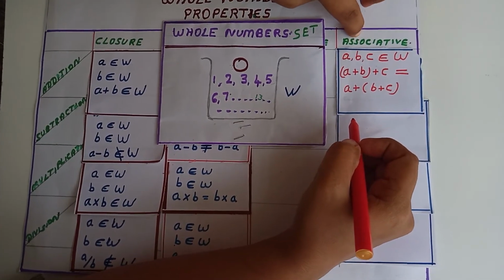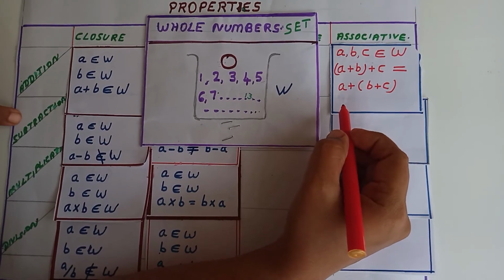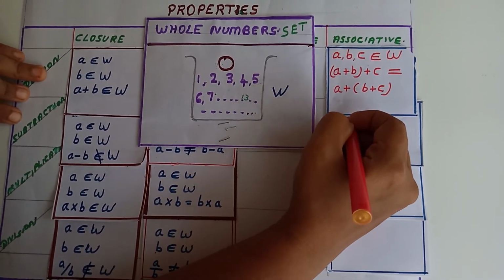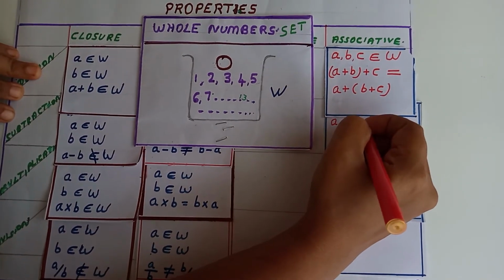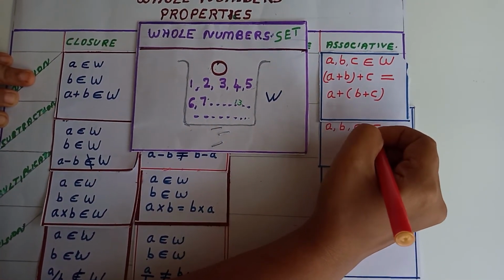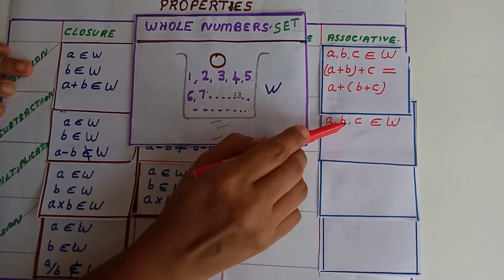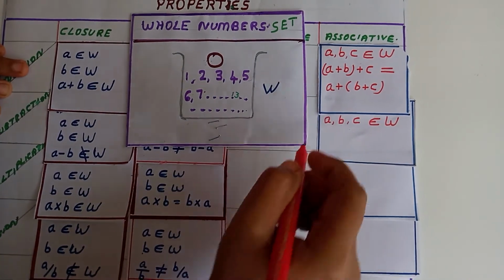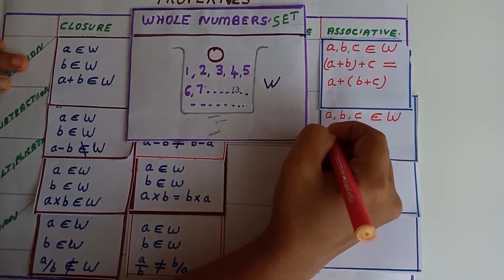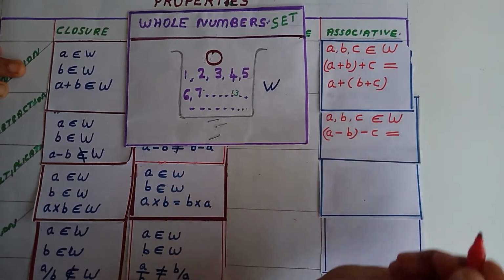We are going to do it in variables for the associative property for subtraction. Just take 3 variables, A, B, C. From which set? These 3 numbers should be from the whole number set. That means A, B, C belongs to W. A minus B minus C, I am just writing equal to.